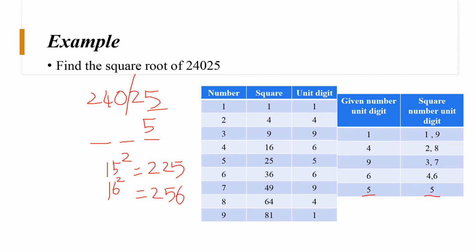Here you take the smaller number, that is 225. The number corresponding to it is 15. So we will place 15 here. Therefore the square root of the number 24,025 is 155. Thank you.